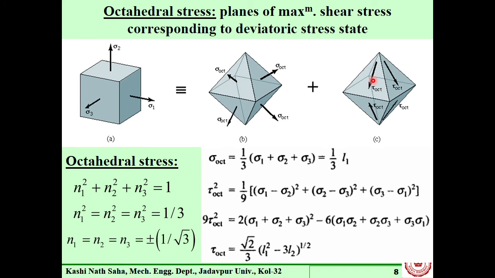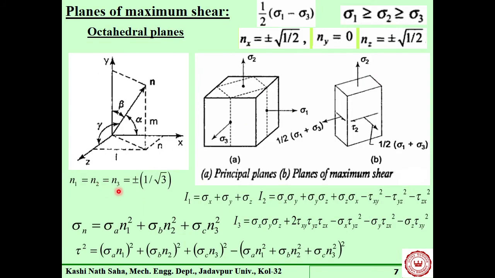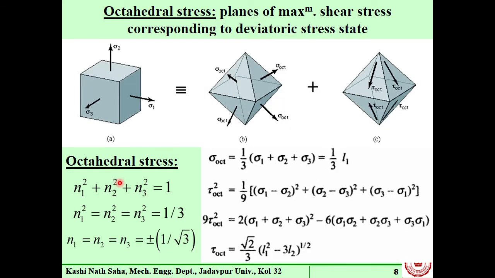And actually this is true because here 8 combinations are possible. This can be 1 by root 3 plus minus, this can be 1 by root 3 plus minus, this can be 1 by root 3 plus minus. 2 to the power 3 is 8. So these are the 8 possibilities.